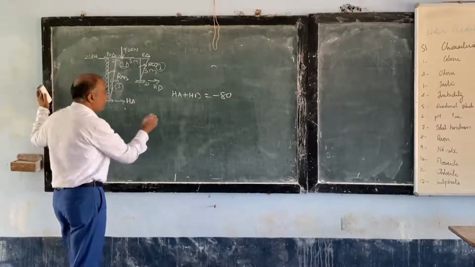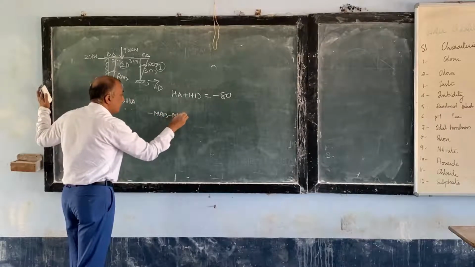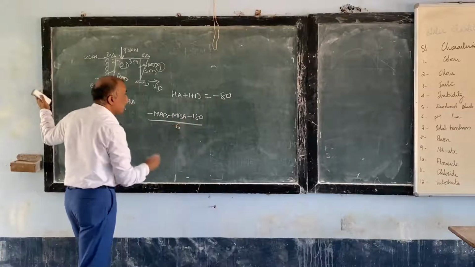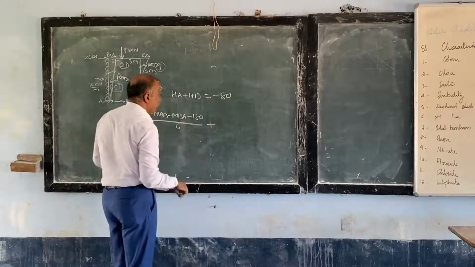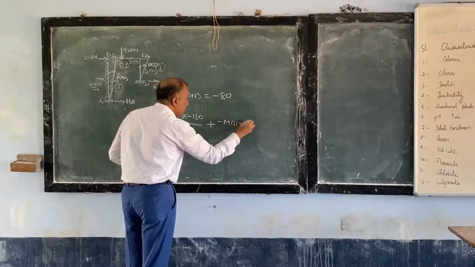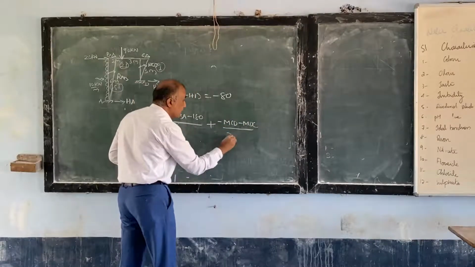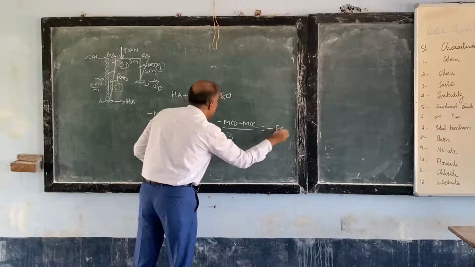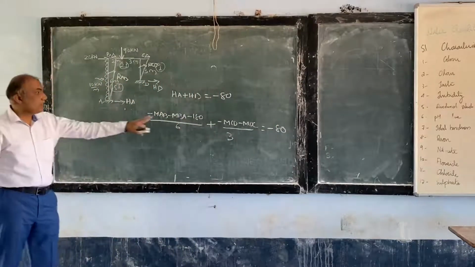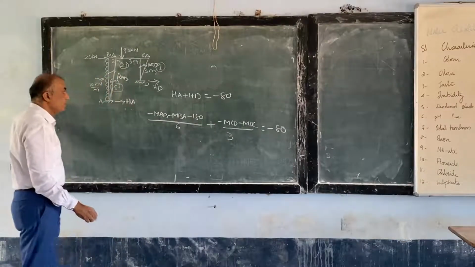Minus MAB minus MBA minus 180, divided by 6, plus HD, which is minus MCD minus MDC divided by 3, is equal to minus 80. Now this is HA, this is HD. Take the LCM, which is 6 only.